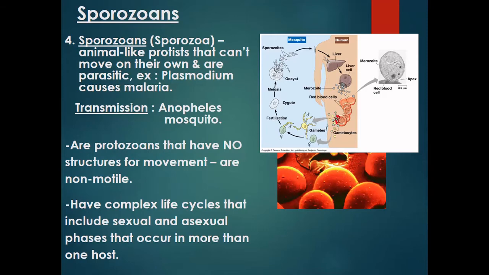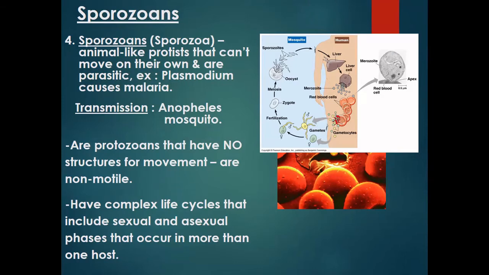Once the mosquito has its blood meal, the sporozoites are released through the mosquito's saliva into the bloodstream. Since they are in the bloodstream, the sporozoites will travel throughout the blood system, and as they reach the liver, they turn into merozoites.